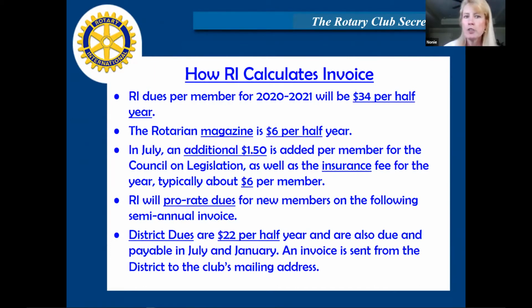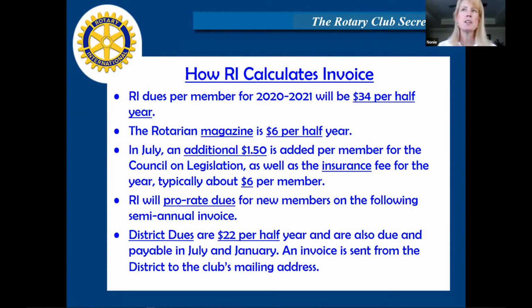Rotary International dues per member for 2021 will be $34 per half year, and the Rotarian magazine is $6 for a half year. So that's $40 half a year, $80 a year for RI. In July, an additional $1.50 is added per member for the Council on Legislation, as well as the insurance fee for the year, typically about $6 a member.